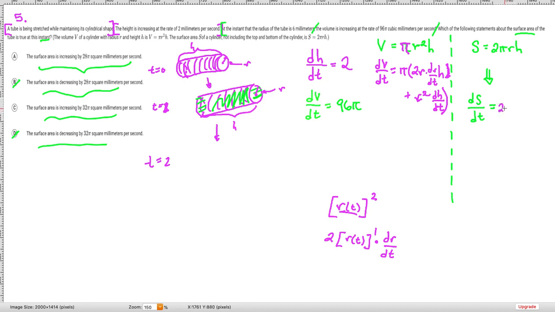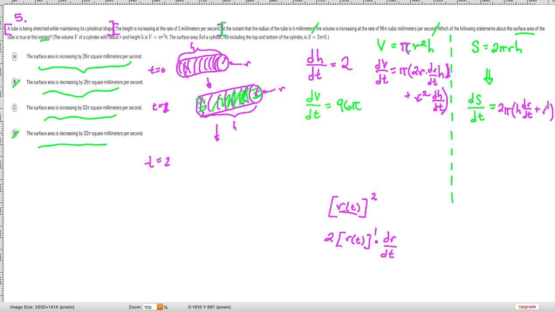Again, 2 pi is a constant that can come out, times the derivative of r times h. And again, you have to use product rule. The derivative of r is dr/dt, and then times h is h times dr/dt, plus the derivative of h is dh/dt times r.